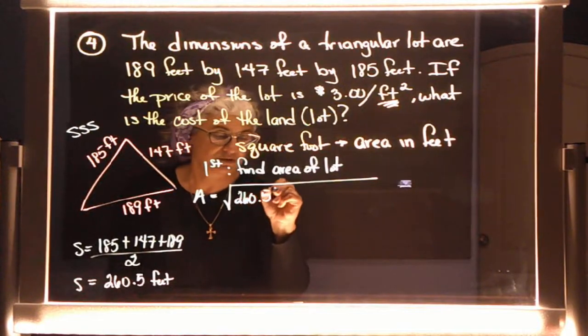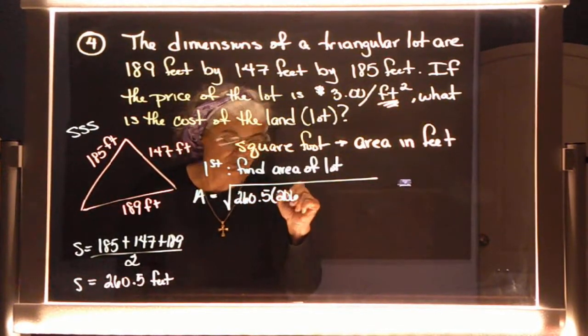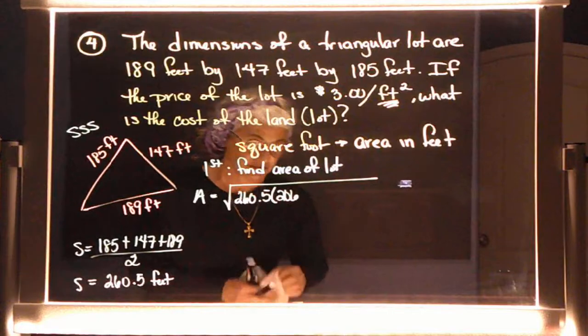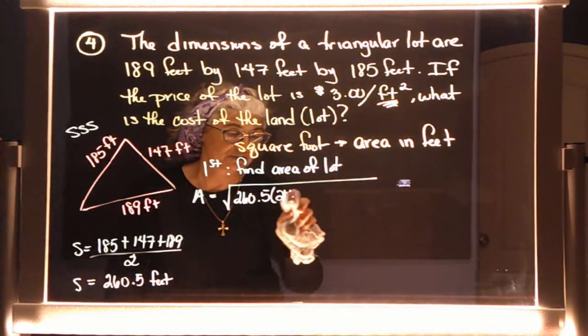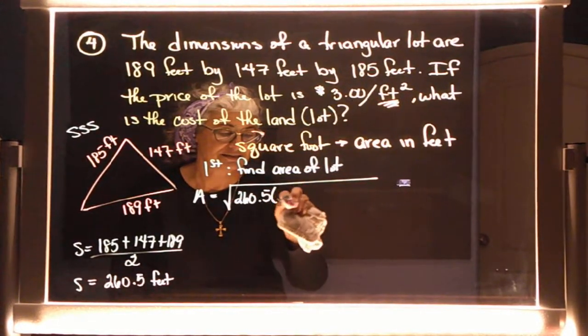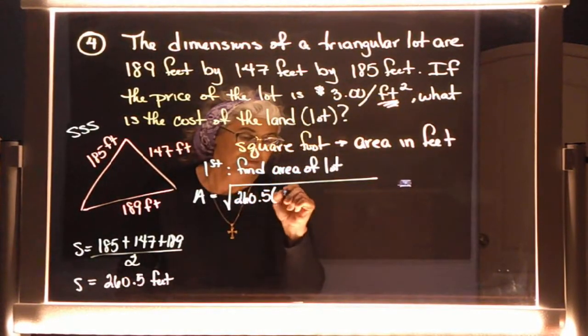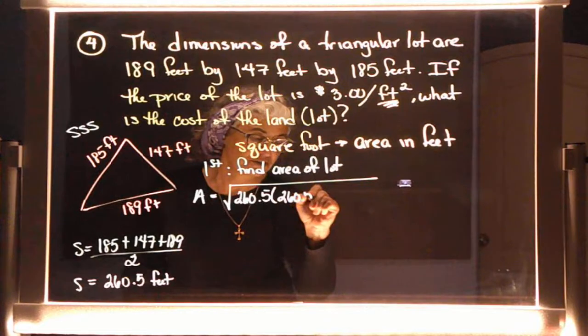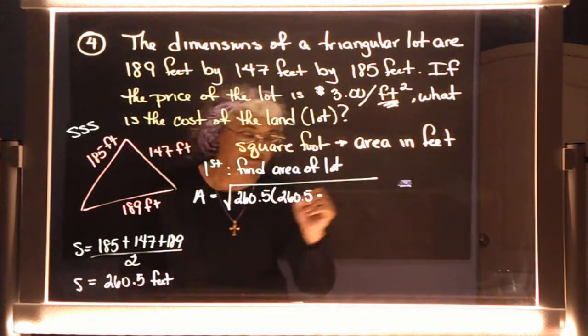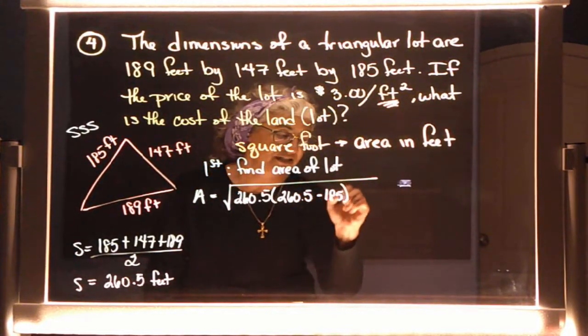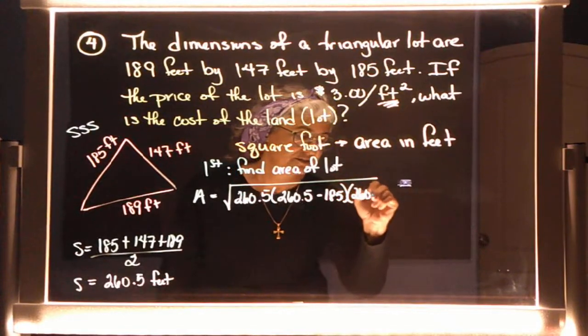Hopefully you're agreeing with the numbers I'm writing. Whoops, except for that one. Clearly it wasn't 206, right? There we go. Let's try that again. So we take that 260.5 and subtract each side from it, don't we?